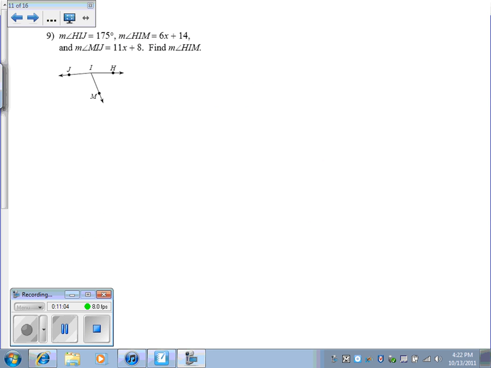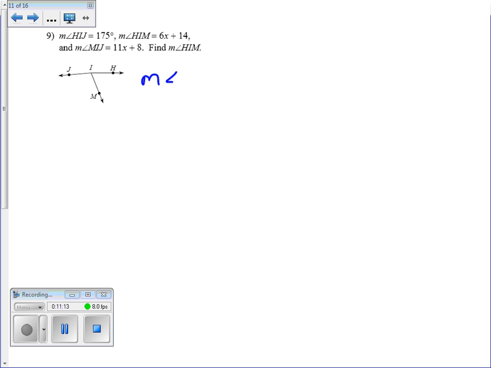Okay, so the setup here is going to be M is on the interior of JIH, so the measure of angle HIM plus the measure of angle MIJ equals the measure of angle JIH.